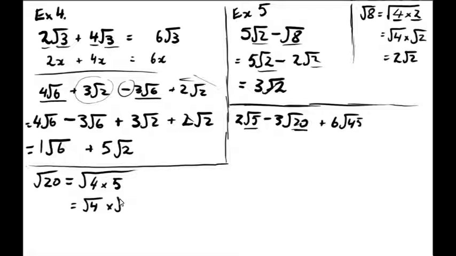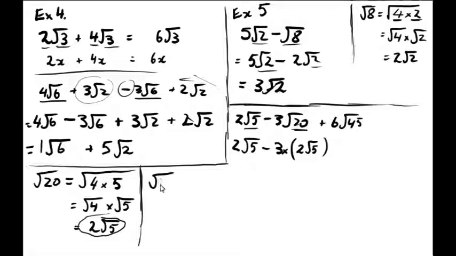So square root 4, square root 5, so 2 root 5. Now, it was 3 times the square root of 20, and we said the square root of 20 was 2 root 5, so it's worth putting in brackets, just so we can remember to times that by 3.